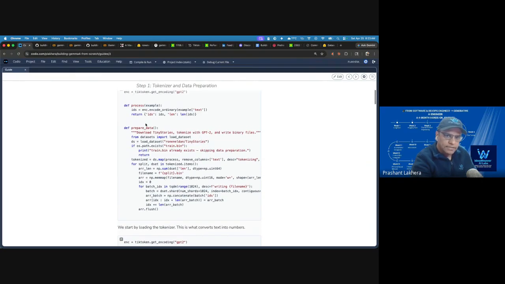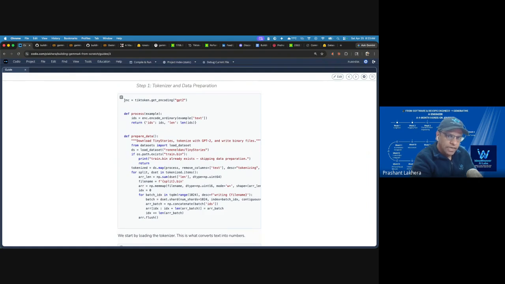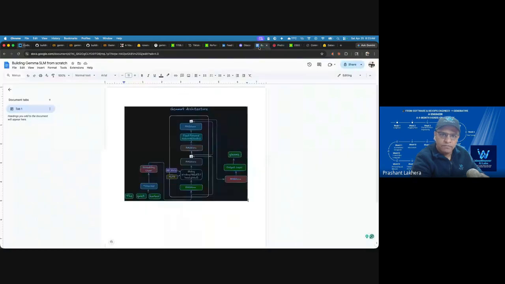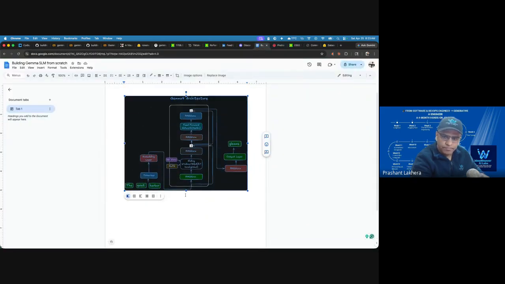If you look at this, this is the code. Here I am using the tiktoken library, and I am saying to use the GPT-2 tokenizer. GPT-2 is one popular tokenizer which has a vocab size of 50,256 words, and it is mainly for English.